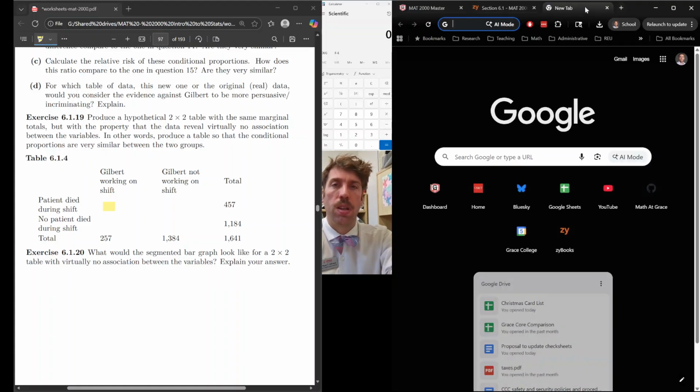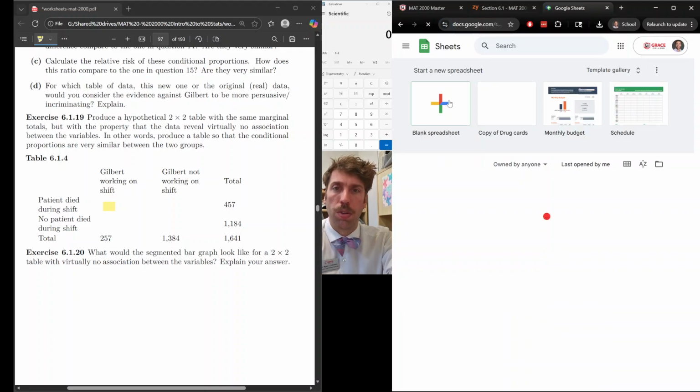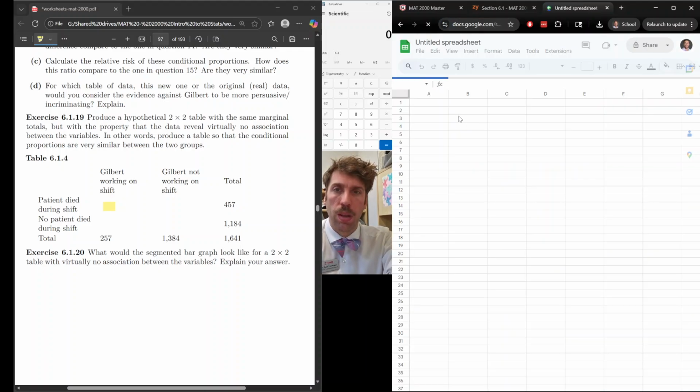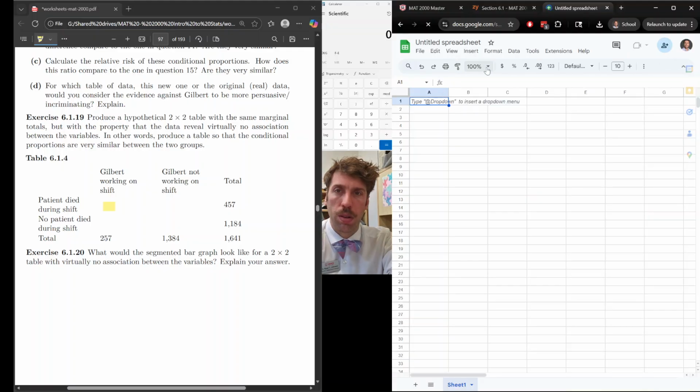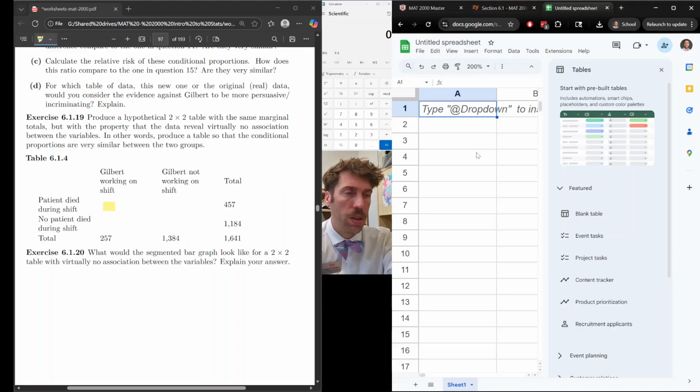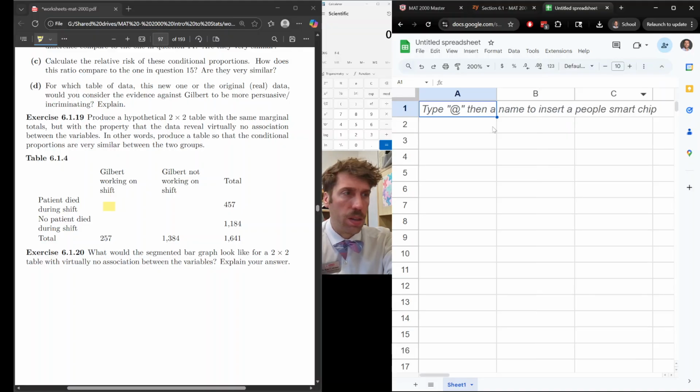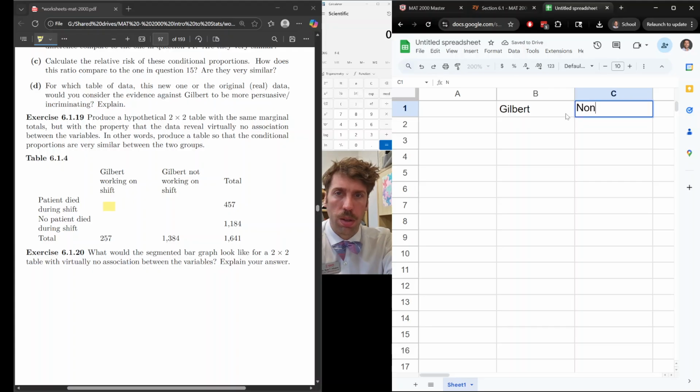So let's see, I'll start a new spreadsheet, and then let's do a zoomed in thing, and then let's see, I've got to make a Gilbert and not Gilbert, kind of shorter names here.